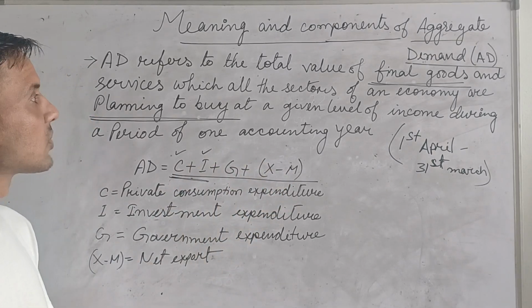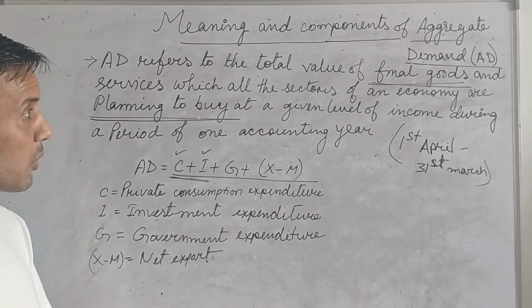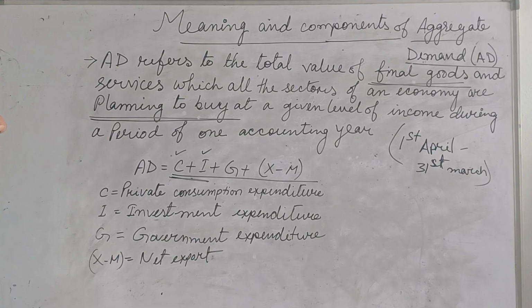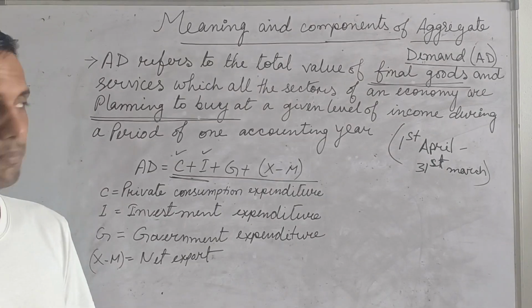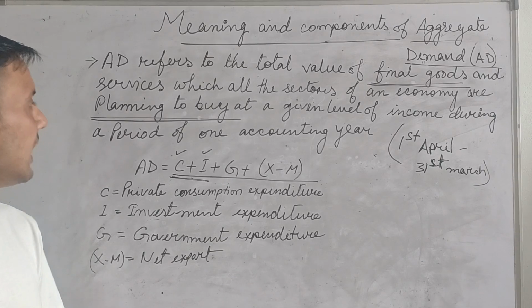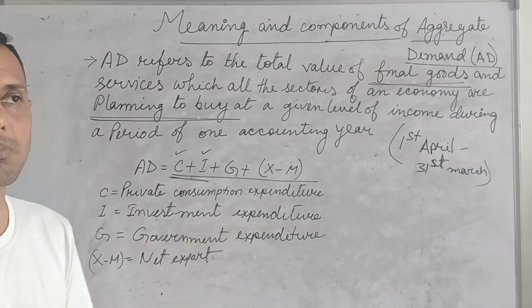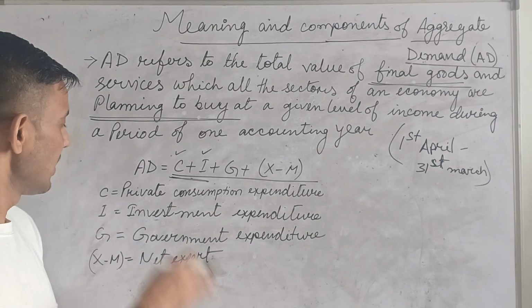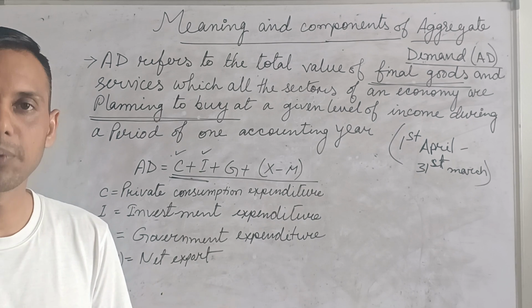Is it clear? So see again quickly, meaning of aggregate demand: the total value of final goods and services which all the sectors of an economy are planning to buy at a given level of income during a period of 1 accounting year. And the components: C plus I plus G plus X minus M. C means private consumption expenditure, whatever we need in our day-to-day life.